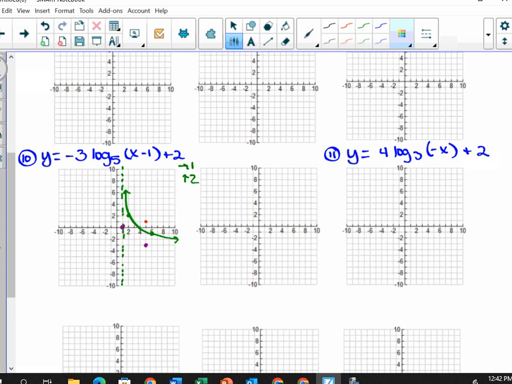Guys, what's the negative with the x doing? Yes, flip over the y-axis. What would you not flip? What do you want to leave behind? Does your asymptote go anywhere?